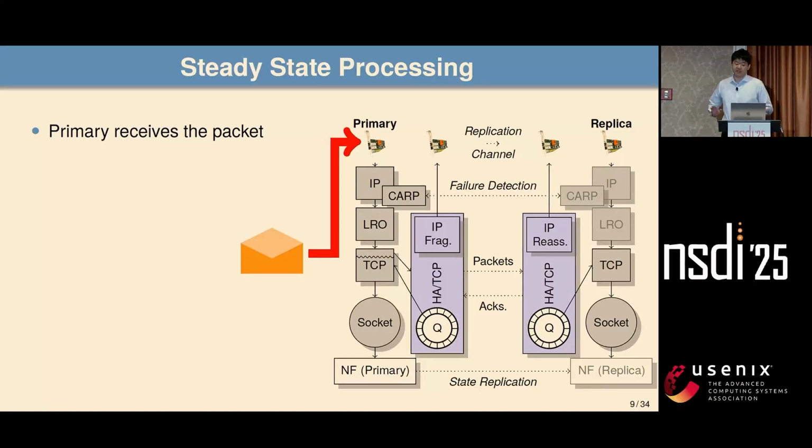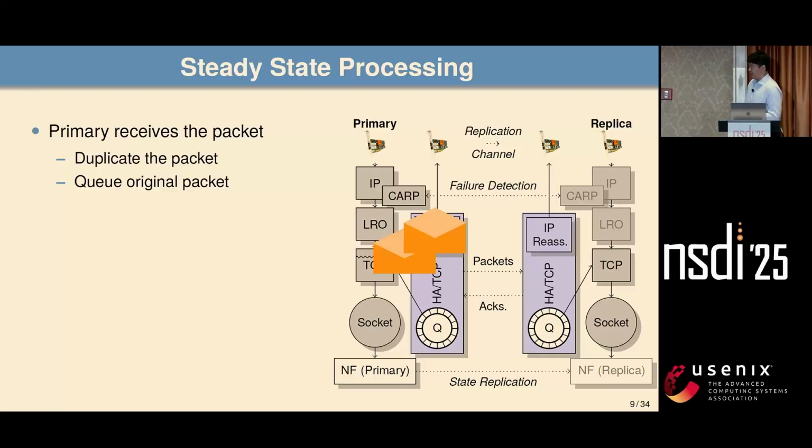Now I will show you how HATCP works during steady state processing. When the primary receives a packet from the client, it will first duplicate this packet and then put the original copy of the packet into its own packet queue. And then the primary will send this duplicate copy to the replica.